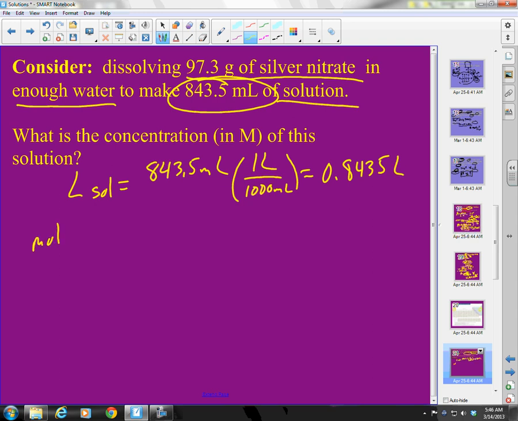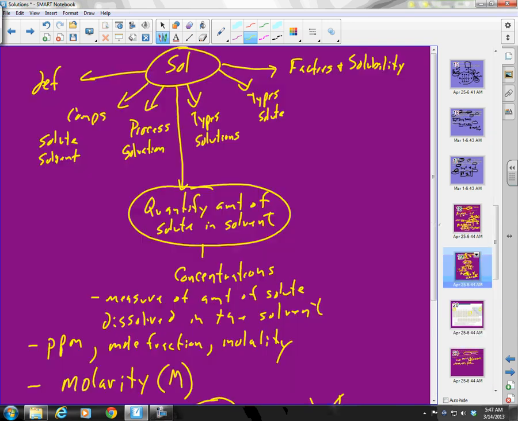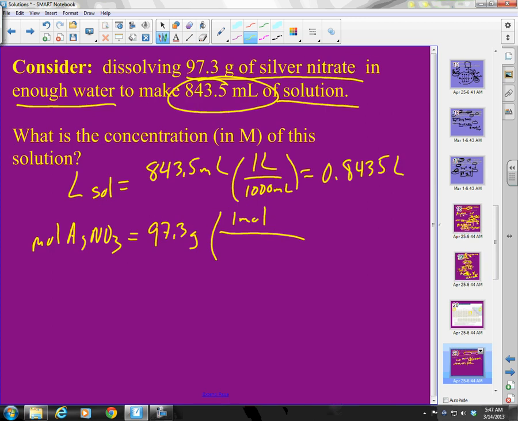Now I need moles of my solute, moles of silver nitrate, and that's equal to 97.3 grams times 1 mole per, well, what is silver? Silver is 107.87 plus nitrogen 14.01 plus 3 times 16.00 grams.